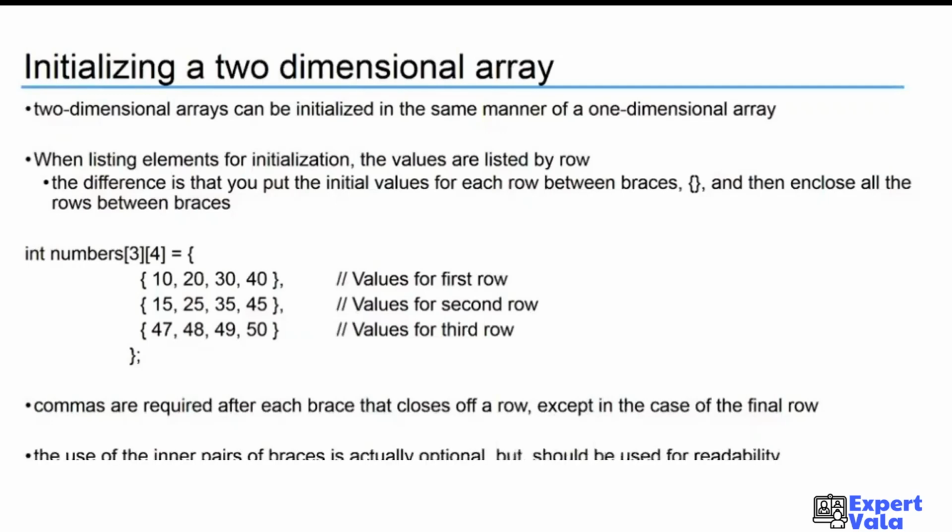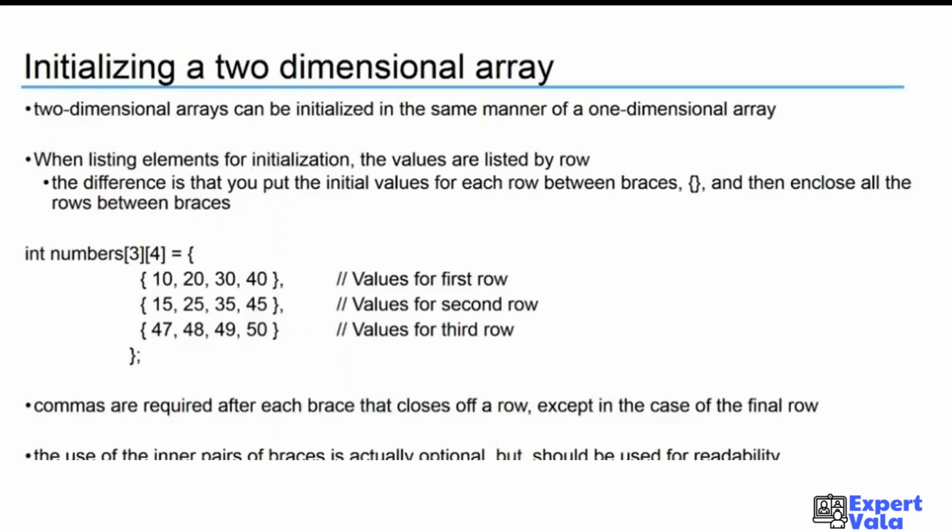So the use of the inner pairs of braces is actually optional, but you should use it for readability. If you didn't provide those braces, you could actually just provide 10, 20, 30, 40, 15, 25, 35, all just consecutively, but it's very hard to visualize what you are initializing.